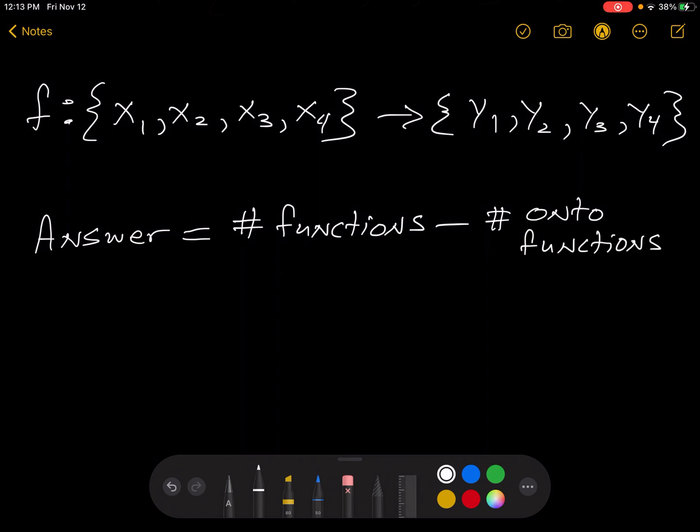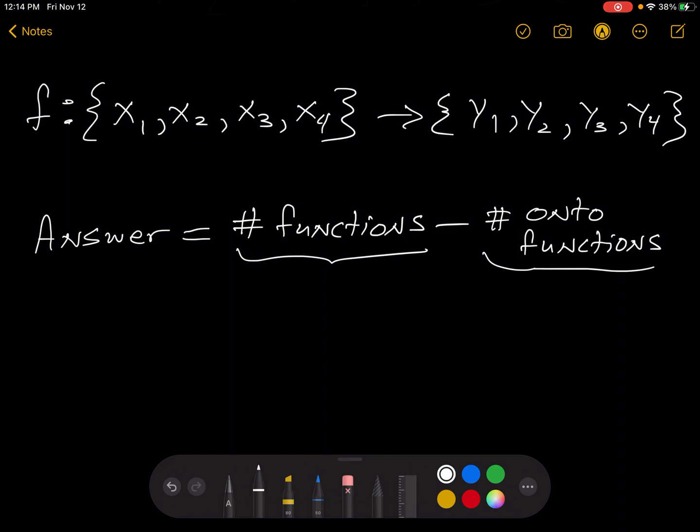So use the counting techniques that you've learned in Counting 2 to count the number of functions, and then subtract from that number the number of onto functions. That will give you the number of functions that are not onto.